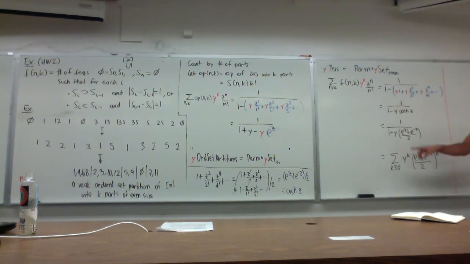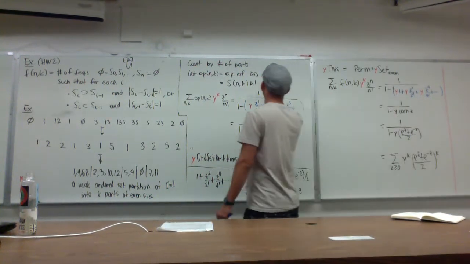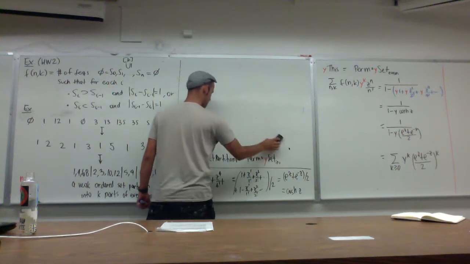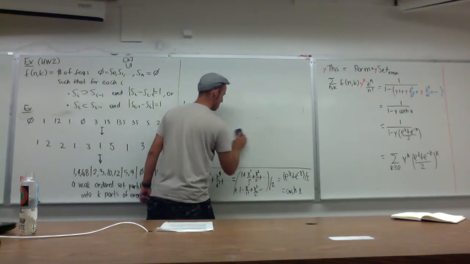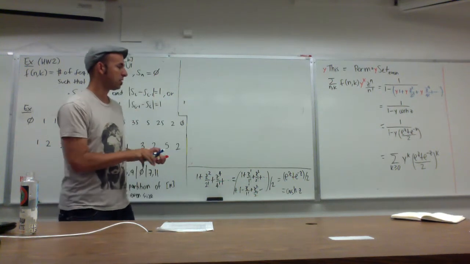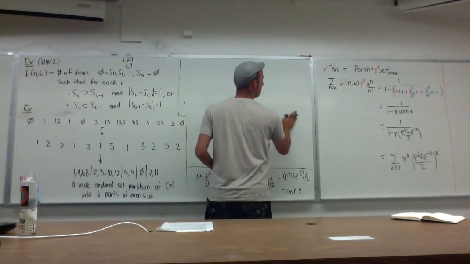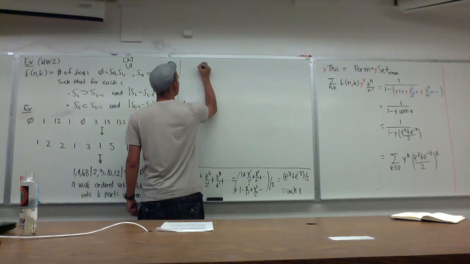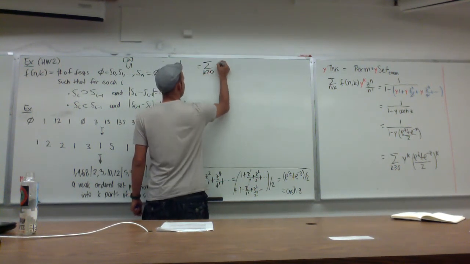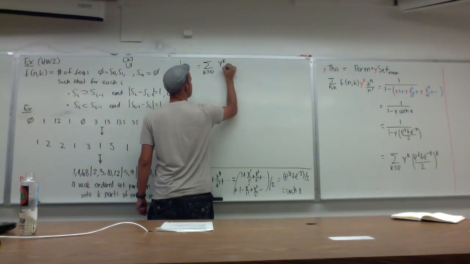So it looks like I'm partway there. Now, how do I compute this thing? Well, that's the binomial theorem, right? Sum over k greater than or equal to 0. Let's get that 2 out of the way.